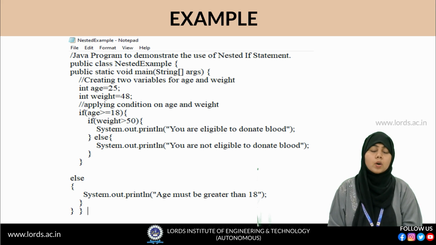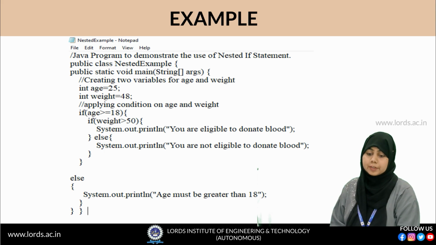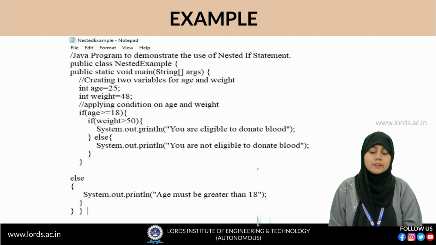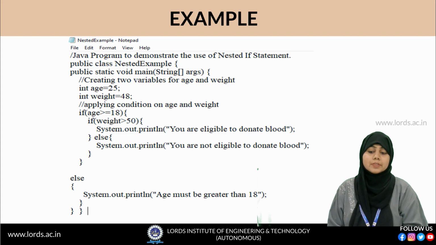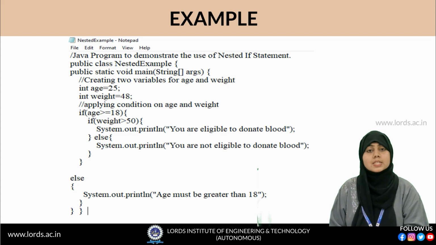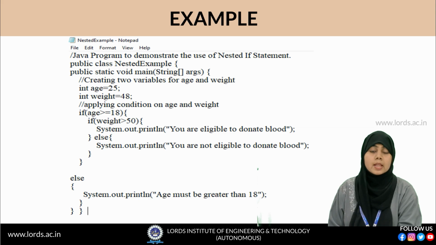Now we are going to apply the nested if here. The first condition is if age is greater than or equal to 18. If that condition is true, then the control flow moves to the other if statement, where we check whether weight is greater than 50 or not.